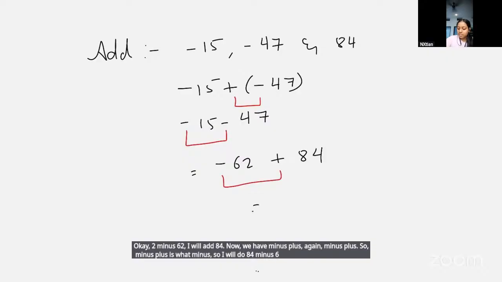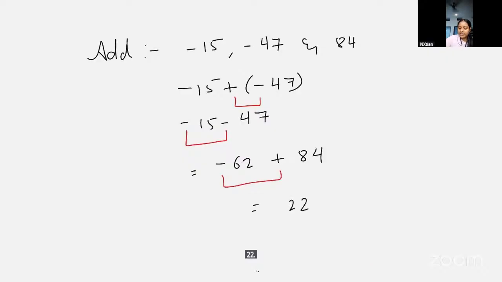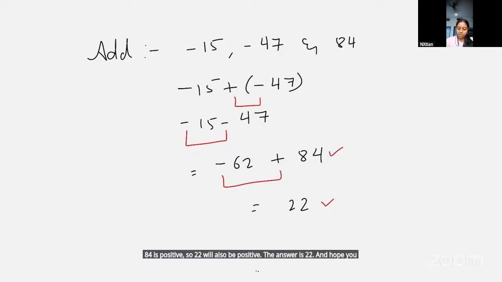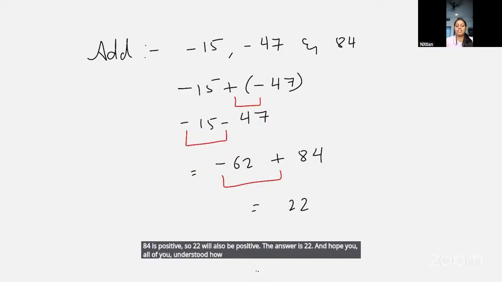I will get 22. Now 84 is positive, so 22 will also be positive. Zoe, the answer is 22. And hope all of you understood how we have calculated it. Johanna, Zoe, Eva, hope it's clear how we have solved it.